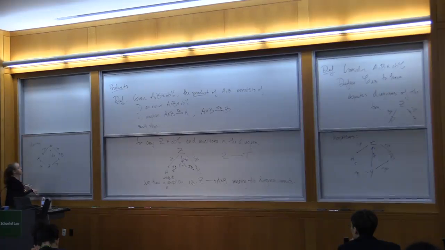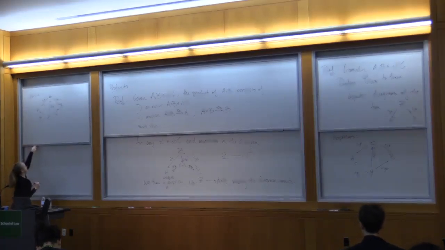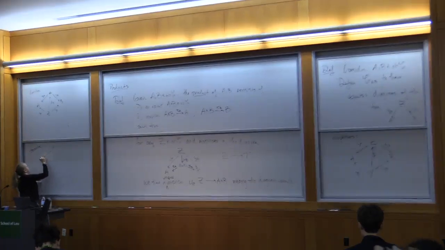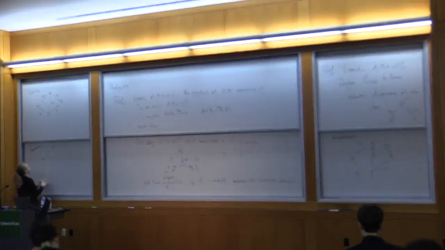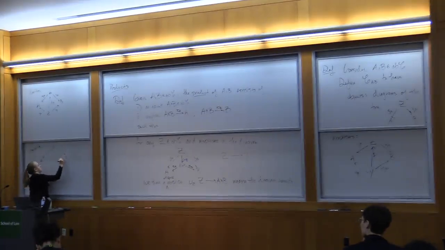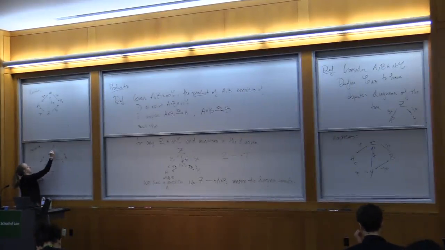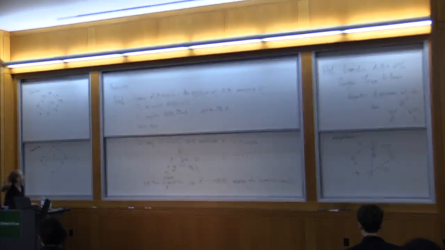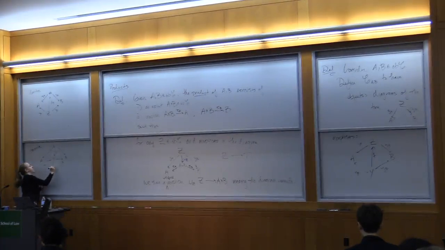Okay, and what about composition? So let's say we have one object in our category that looks like this, and one that looks like this, and one that looks like this, and we have two morphisms. I don't know why I drew F pointing up, but obviously it's symmetric, so I'm going to draw it pointing down now.